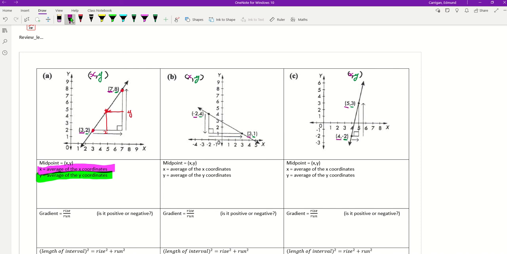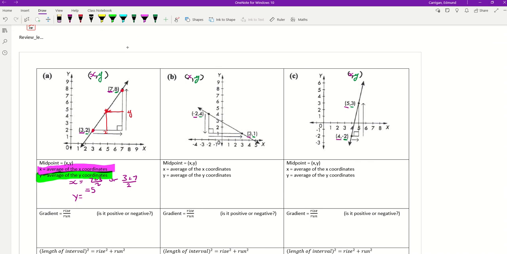So finding the average of the x, our x point is going to be 7 plus 3 or 3 plus 7, it doesn't matter which way around you put them in, divided by 2. That is the average. We add them together and divide them by 2. That's equal to 5.